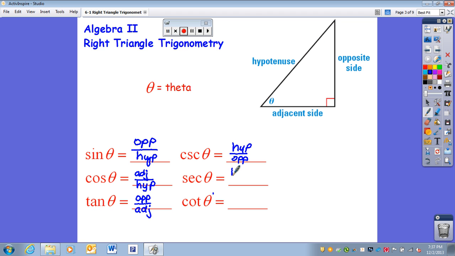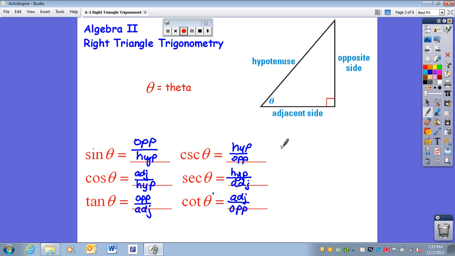Secant is the hypotenuse as compared to the adjacent side. And then cotangent is the adjacent side as compared to the opposite side. Remember that these are the reciprocals or the inverse.